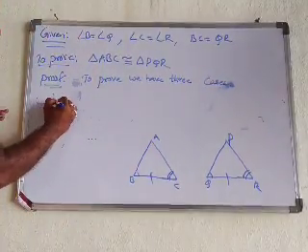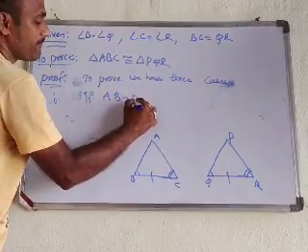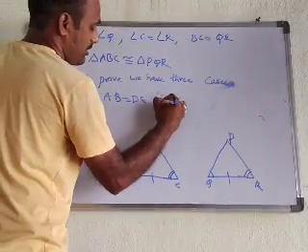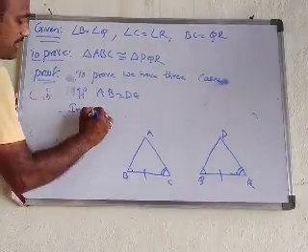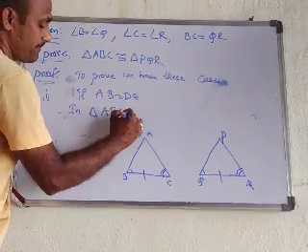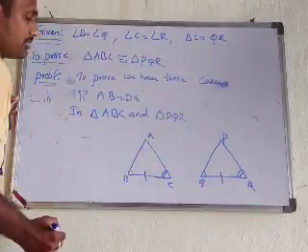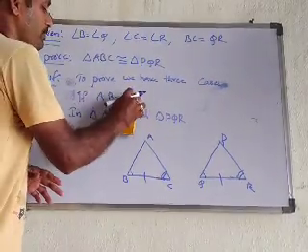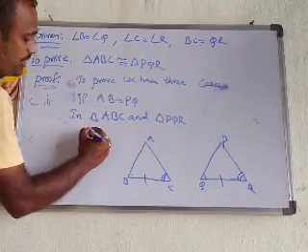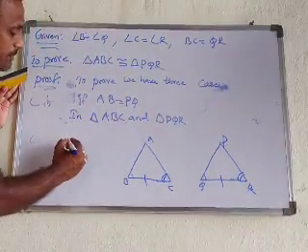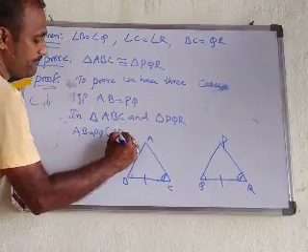First case: we are assuming that AB is equal to PQ. So in triangle ABC and triangle PQR, AB is equal to PQ. That is assumed already.